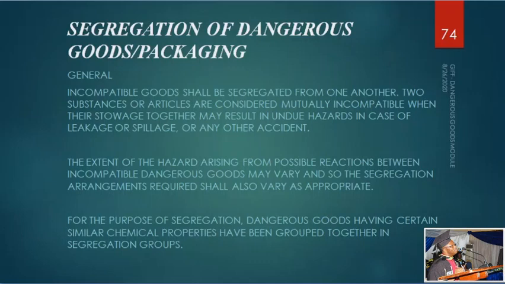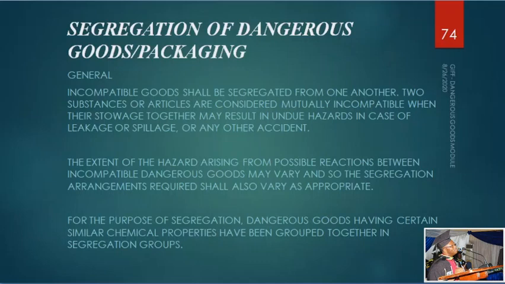In the same vein, when you go to the warehouses, either bonded or private warehouses, most often than not, when they are stacking goods in there, dangerous goods are separately stacked. Then food items or non-dangerous goods are also stacked separately.